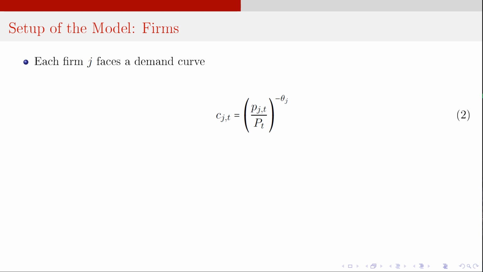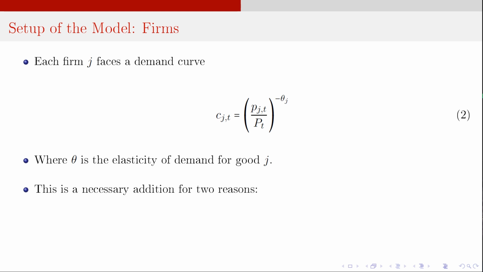Depending on what the elasticity of demand is, the firm will price something P_Jt that will be above marginal cost, therefore allowing them to extract a little bit of consumer surplus. However, in a moment, we will see that there is also something else afoot here. This theta is the elasticity of demand for good J.